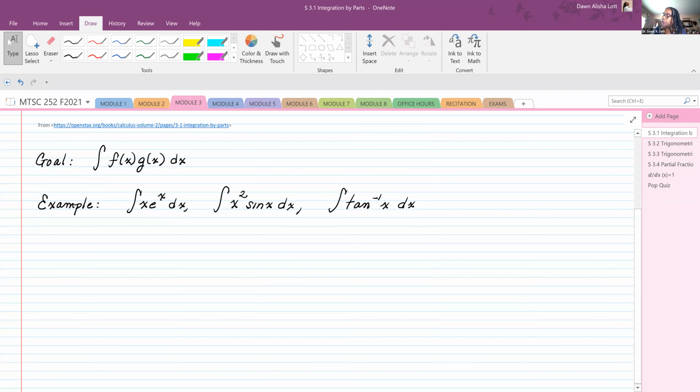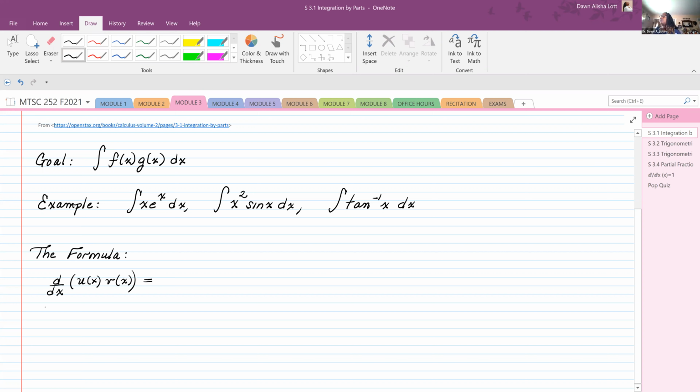All right, so here's the formula. The formula is simple. I'm going to derive it from the derivative formula. So suppose I have the derivative of two functions. One is u of x and the other is v of x.